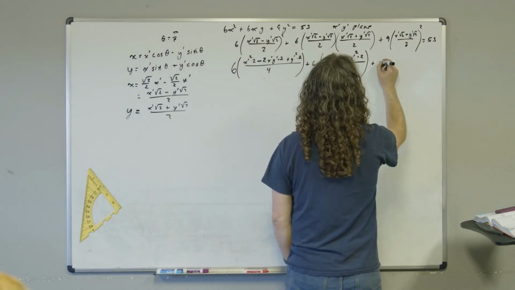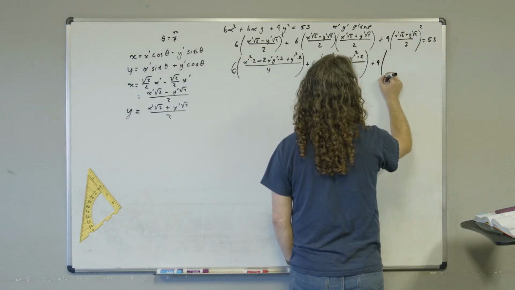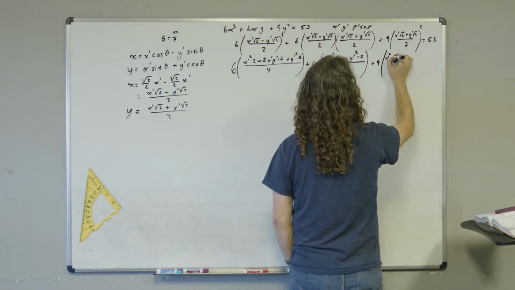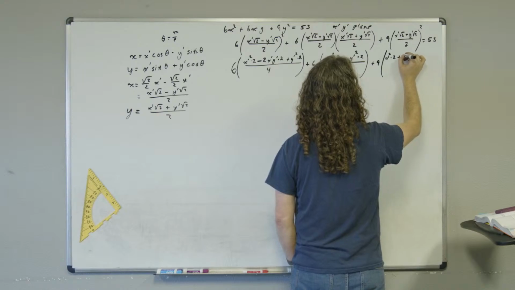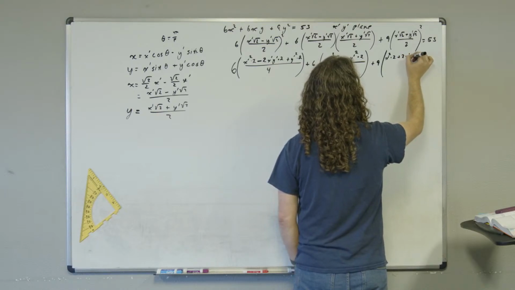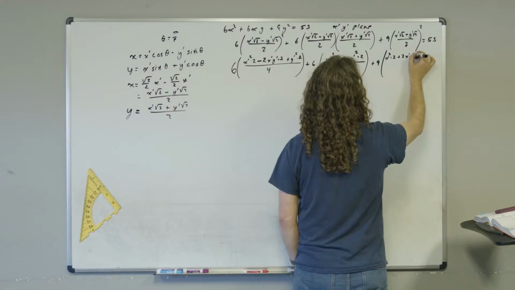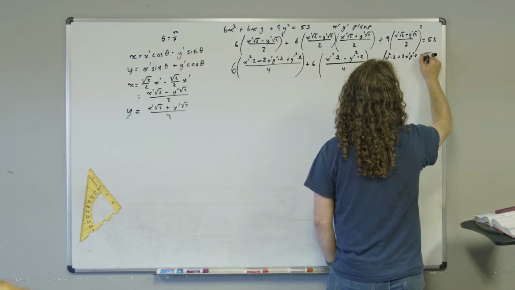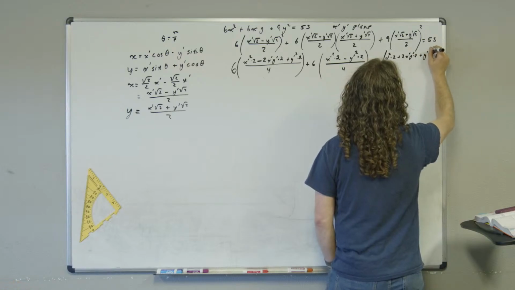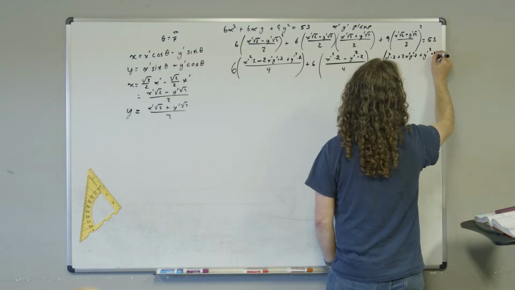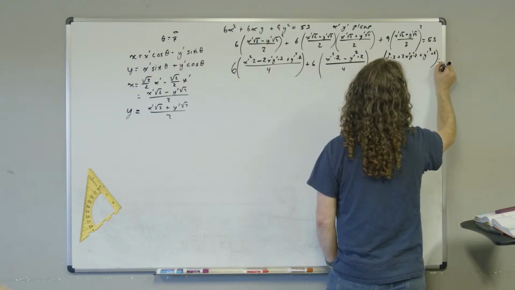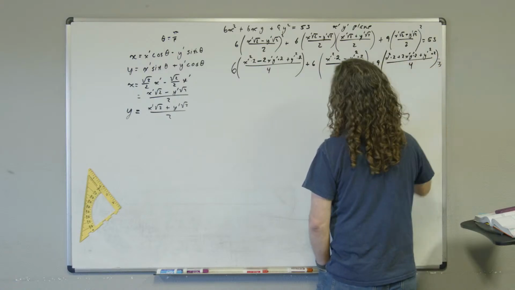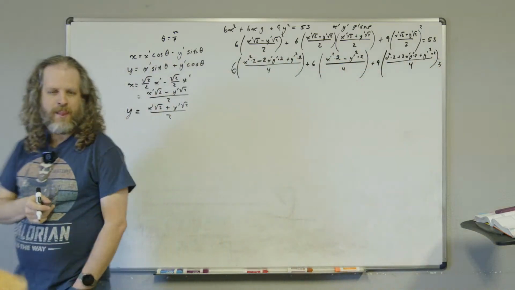Plus 9 times x prime squared times 2 plus 2 times x prime y prime times 2 plus y prime squared times 2 equals 53. This is all over 4. Right?